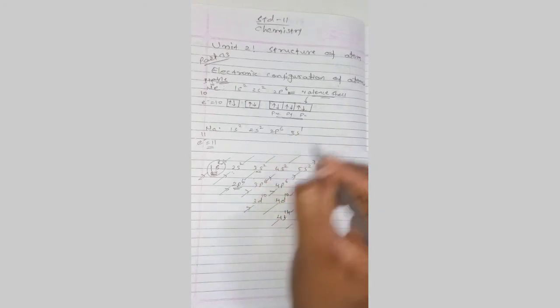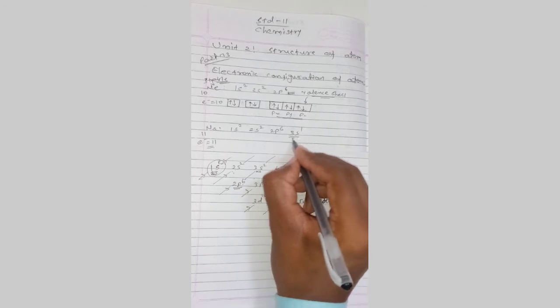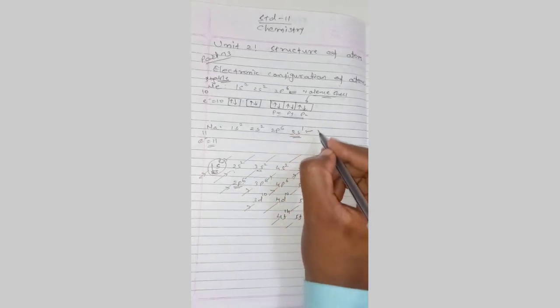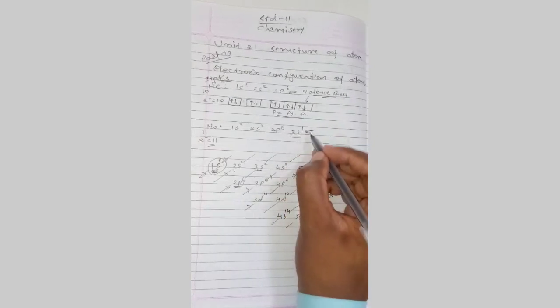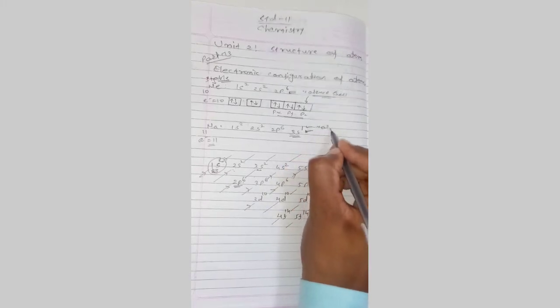So 3s is our outermost orbital, or it is said to be the valence shell, and its electron is known as valence electron.